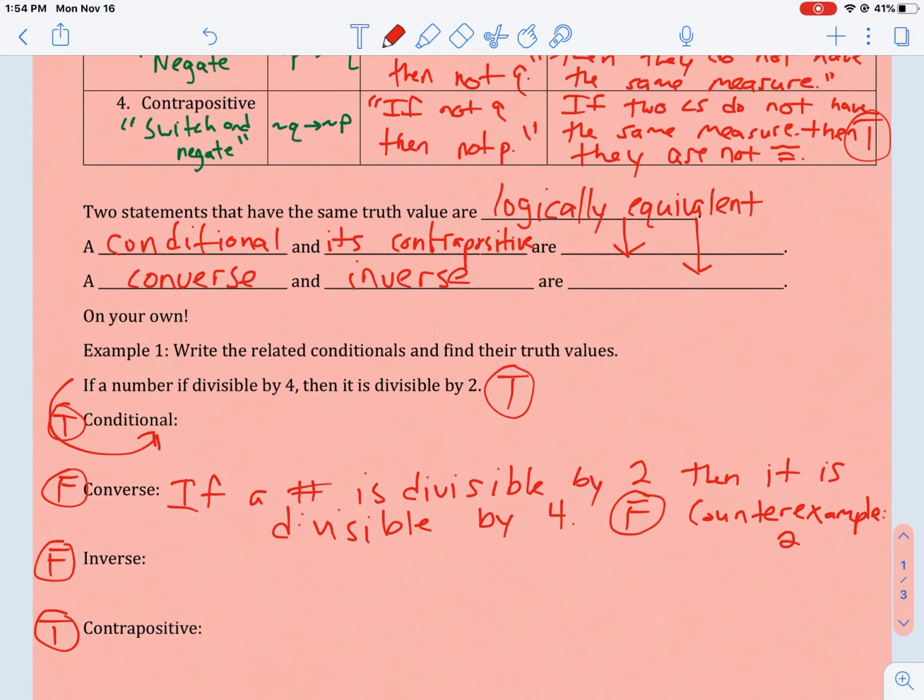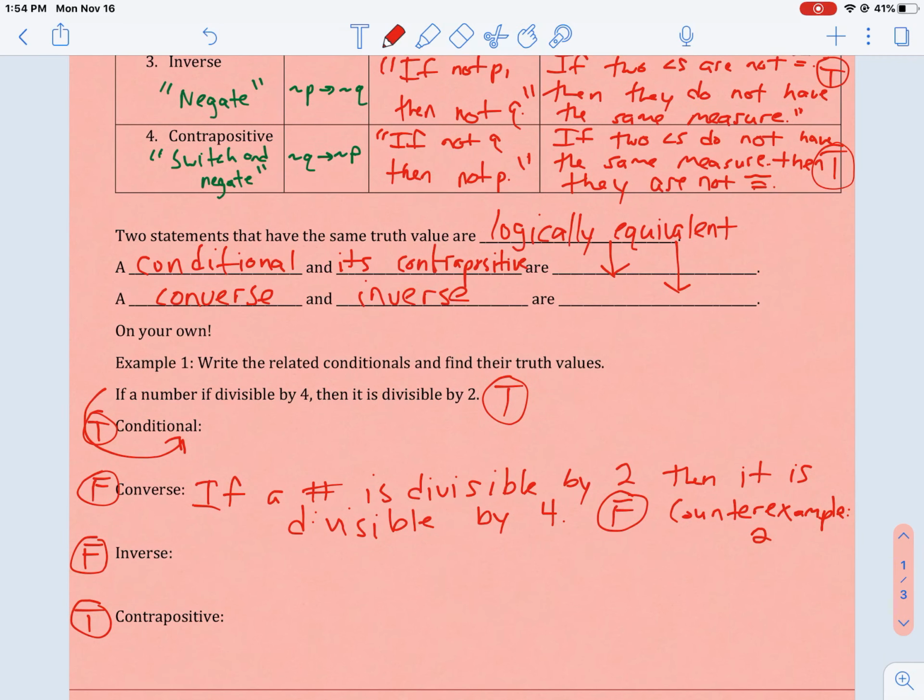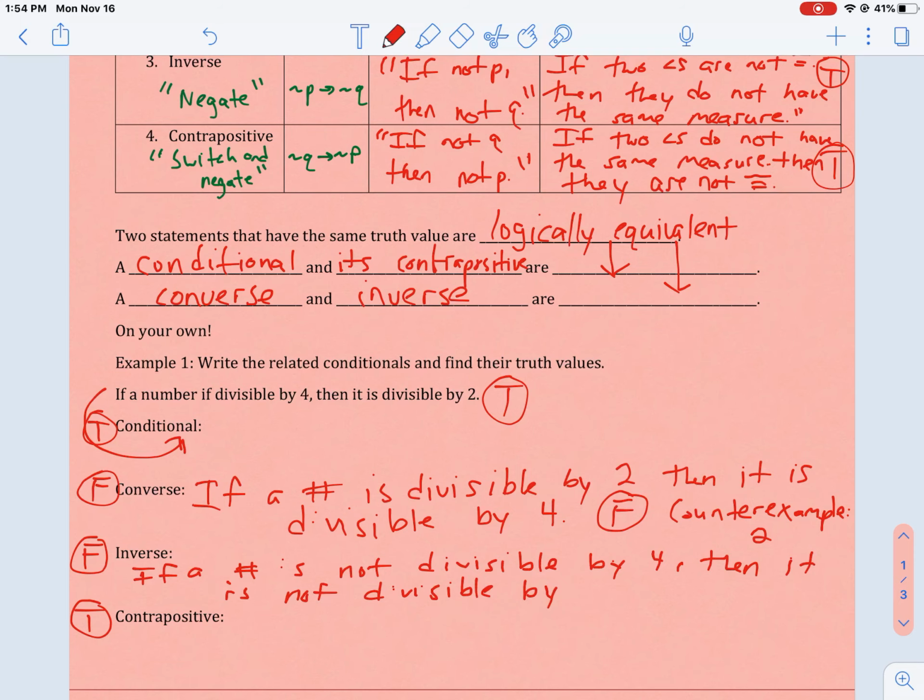So the inverse means we just negate the original conditional. So if a number is not divisible by 4, then it is not divisible by 2.